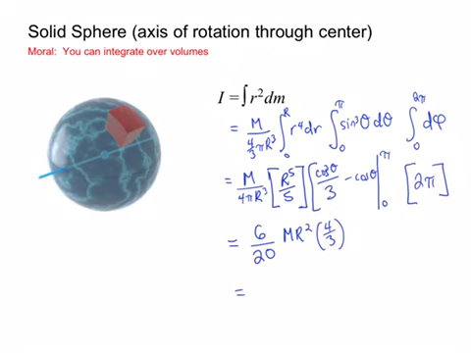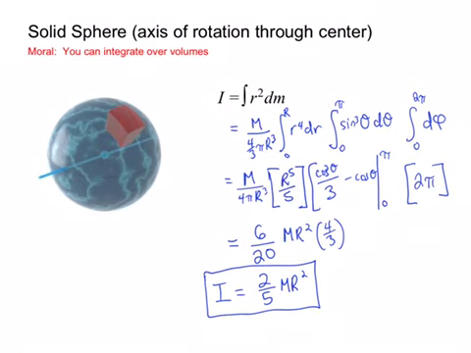And then combining everything even further, we got 2/5 big M times big R squared for the moment of inertia of a sphere rotating about an axis that goes through its center. And there you go.